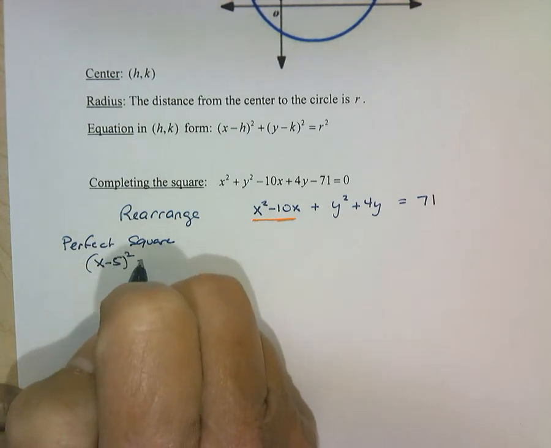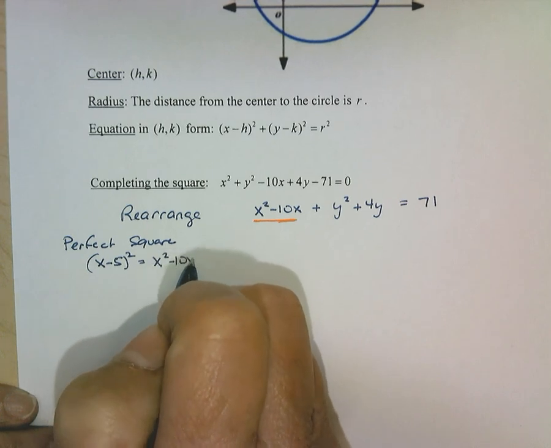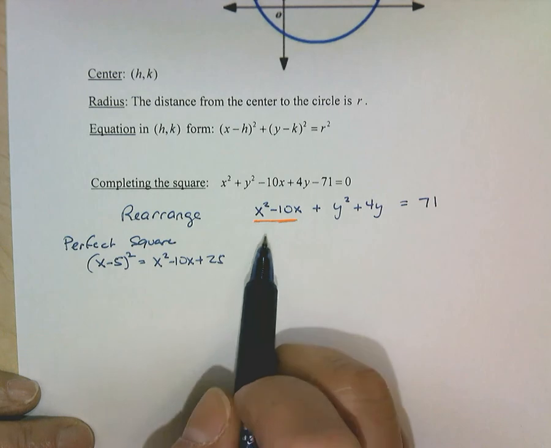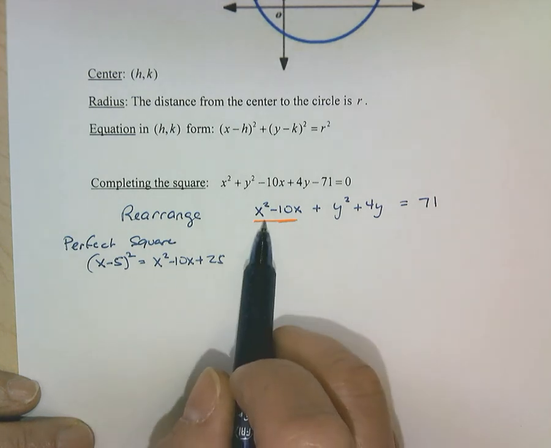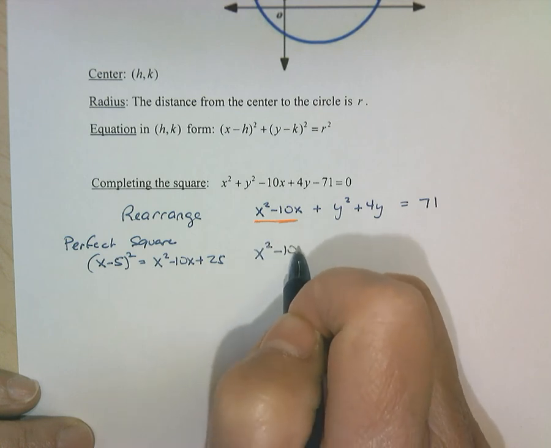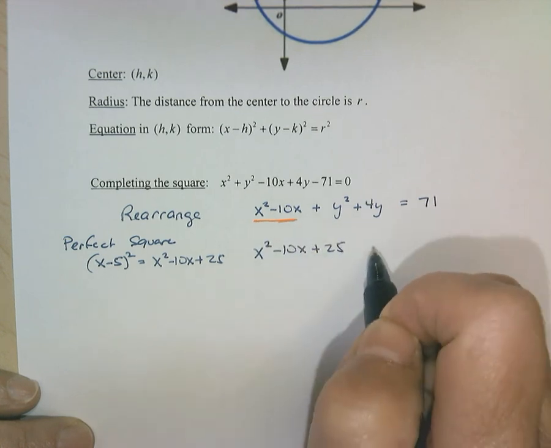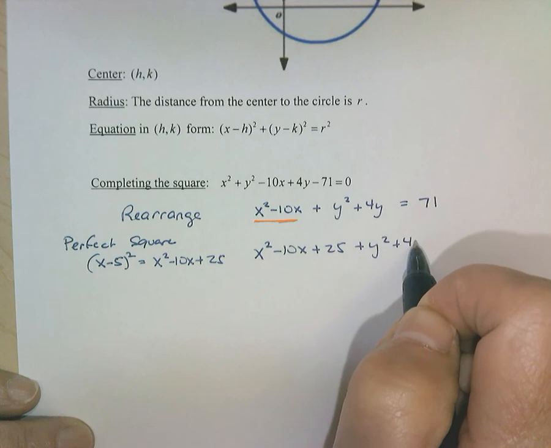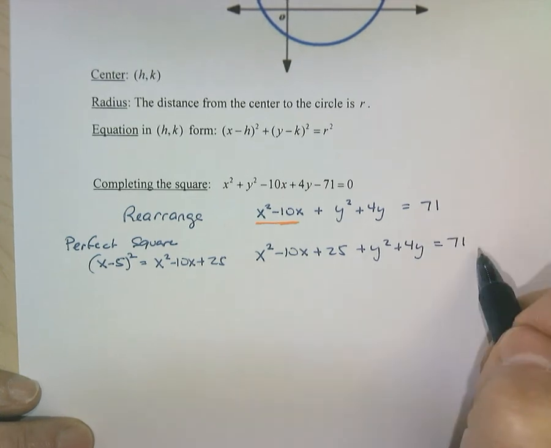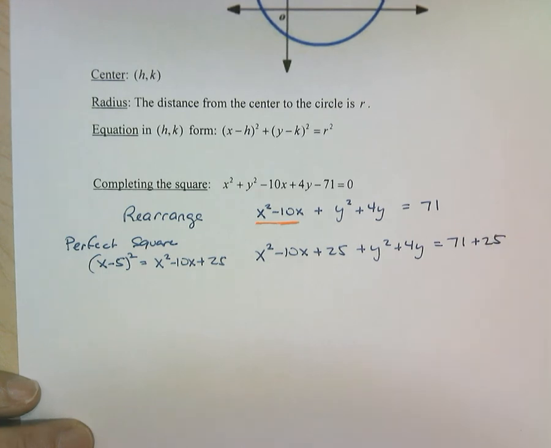And if I multiply that out, I get x squared minus 10x plus 25. So that's going to help me. So I've got the x squared minus 10x, but I need the 25. So I'm going to put that in there. But since I added the 25 here, on the left side of the equal sign, I have to add it on the right side.